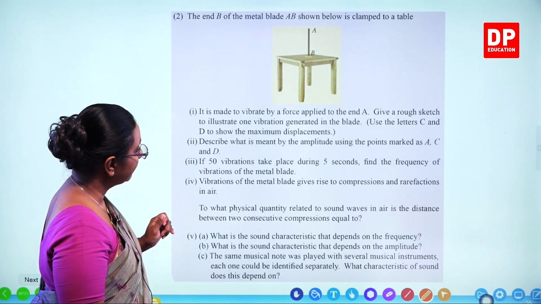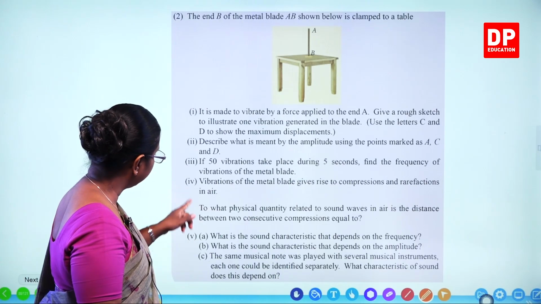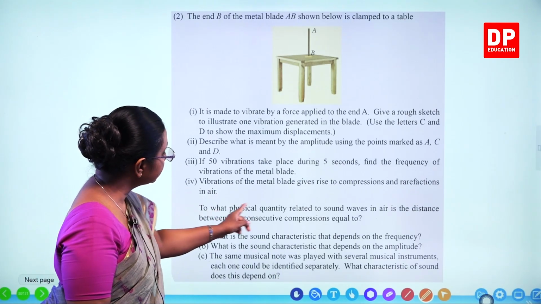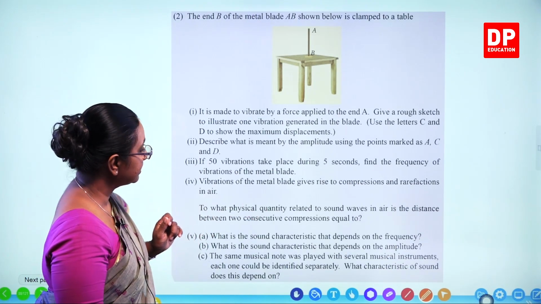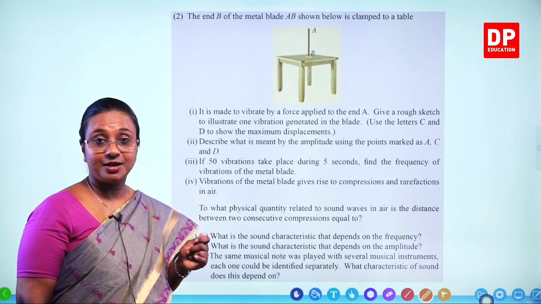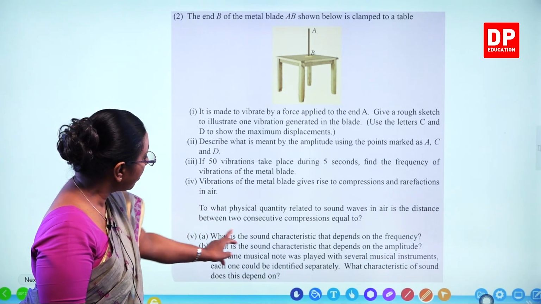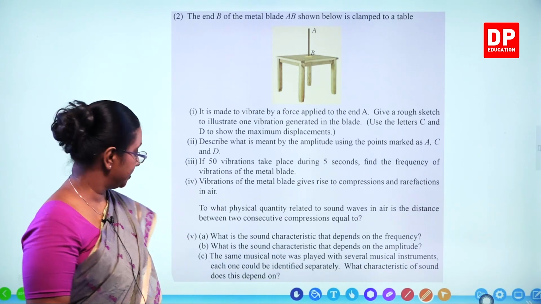Vibrations of the metal blade give rise to compressions and rarefactions in air. To what physical quantity related to sound waves in air is the distance between two consecutive compressions equal to? What is the sound characteristic that depends on the frequency?